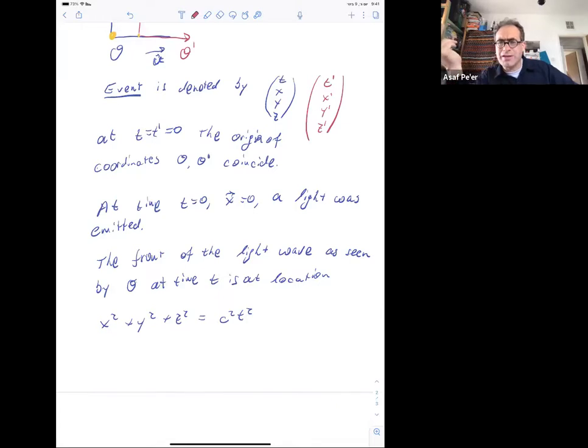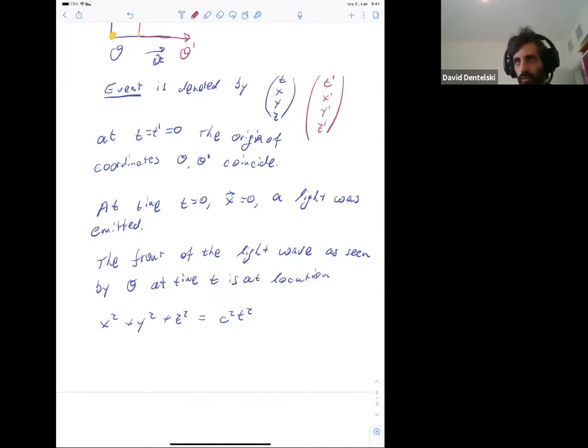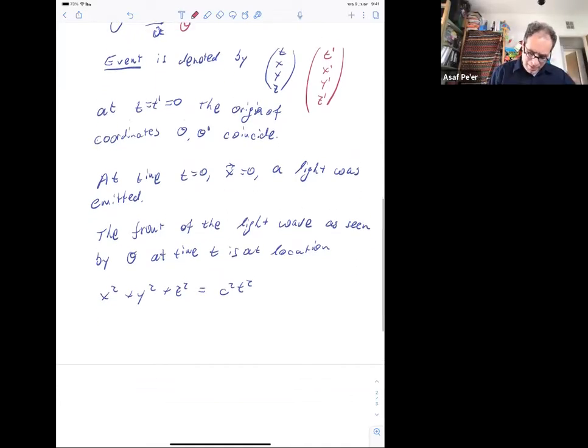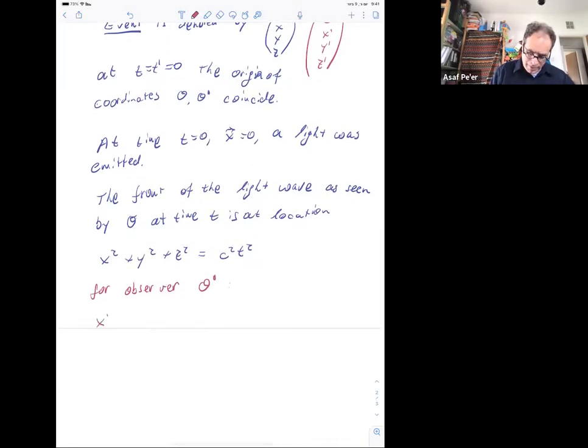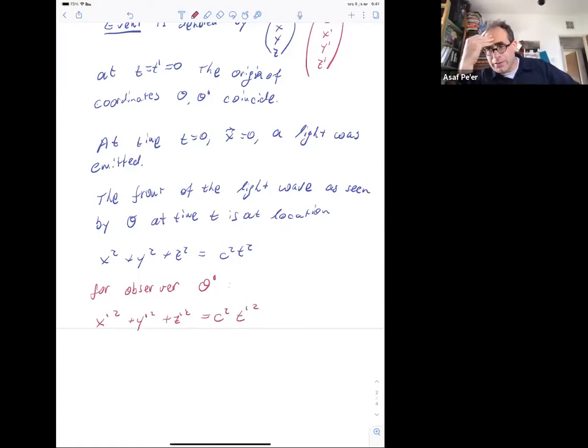It's not a tricky question, guys. The same, but with t prime in her coordinates. Exactly. So she will say for observer O prime: x prime squared plus y prime squared plus z prime squared is equal to c squared t prime squared. This is exactly what Michelson and Morley said: regardless of the motion of the observer, the light always travels at the speed of light.